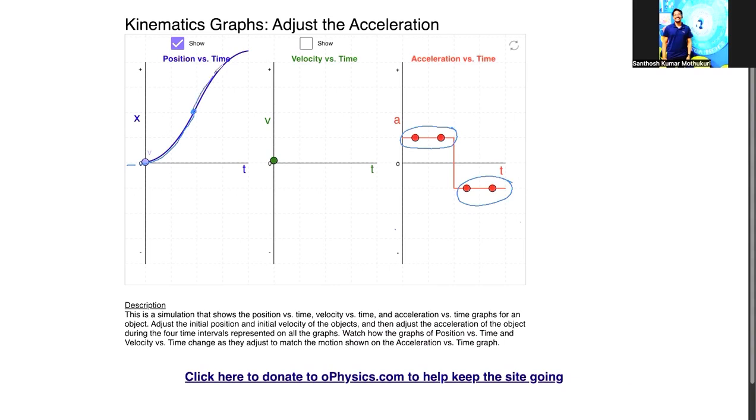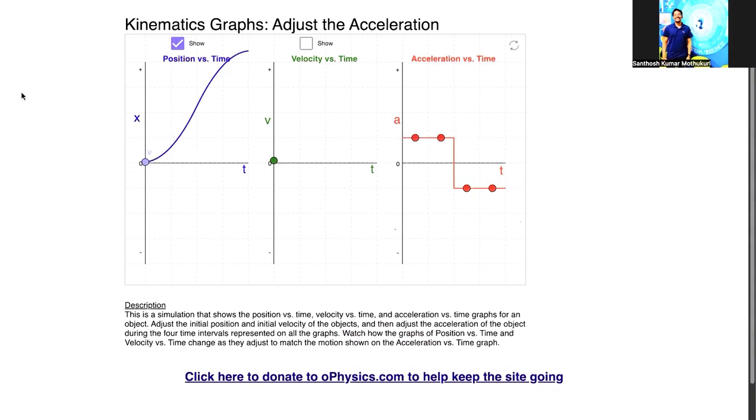The body slowly slows down and the position is, look at this, there is no change in the position, right? So this particular part gives you the positive acceleration. This particular graph part will give you the negative acceleration. This is the most important part of this.